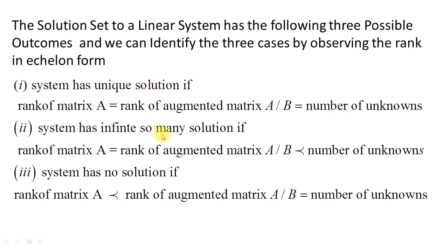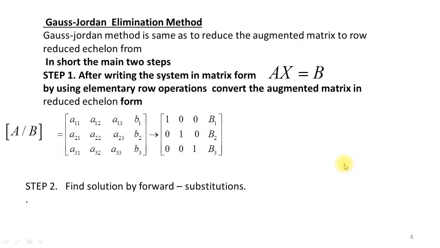And the system has infinitely many solutions if the rank of matrix A is equal to the rank of the augmented matrix and less than the number of unknown variables. And the system has no solution if the rank of matrix A is less than the rank of the augmented matrix.